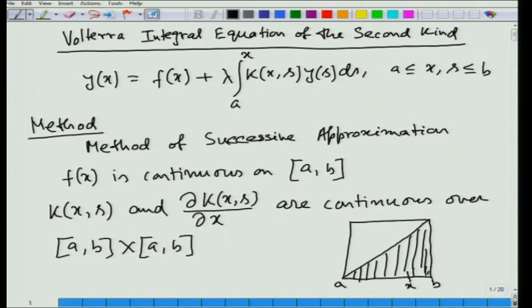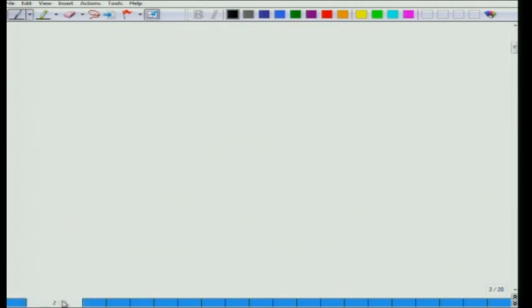Now, what is the method of solution? We are going to talk about successive approximation.